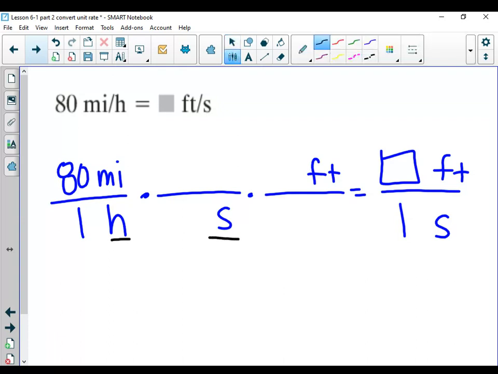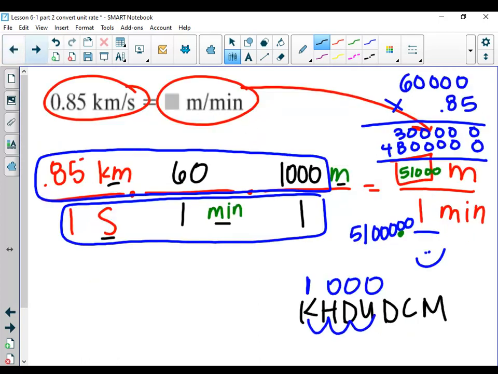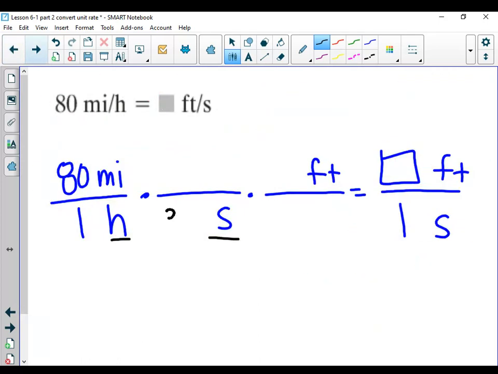I think I figured that out. Yep, I did. What do I know about feet and miles? I think it's on my sheet. Multiply straight across.